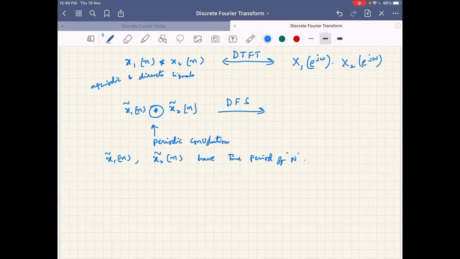So how did we define periodic convolution? Let us bring in that expression here.